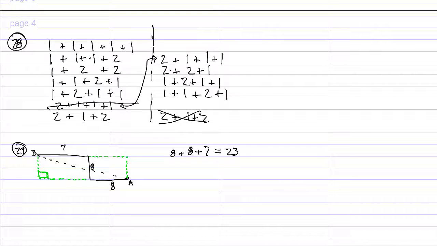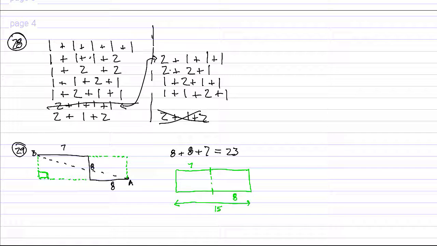And in that case, if I were to draw out this rectangle, we know that the first step is 8 and the second step is 7. Alright, so the total length would be 15, and we know that the height of the rectangle is 8.